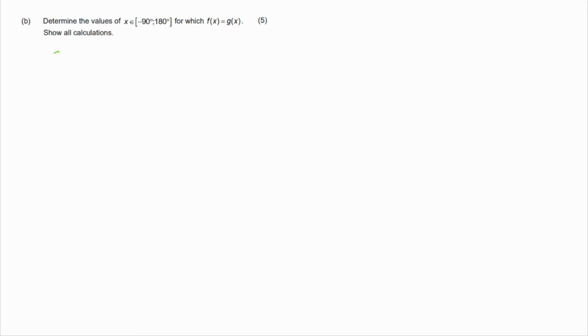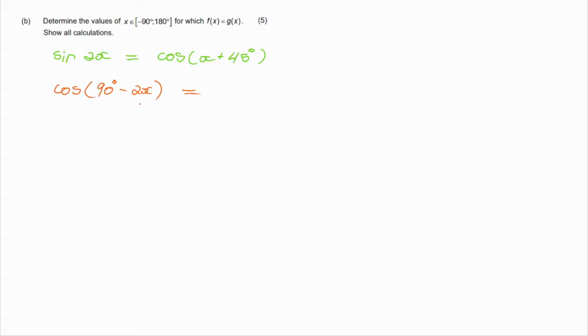So f of x is sine of 2x and g of x is cos of x plus 45 degrees. The issue is you could convert this into 2 sine x cos x, but the problem is you're introducing this random sine x. So let's change both of them so they're both ratios of cos. So this should be cos of 90 degrees minus 2x.